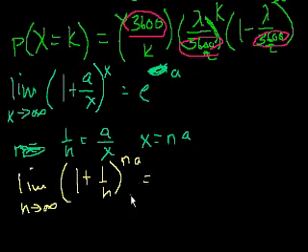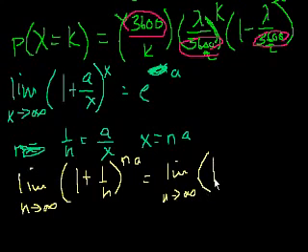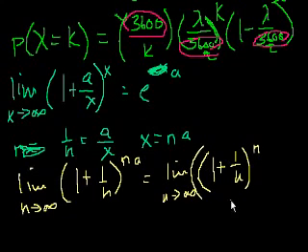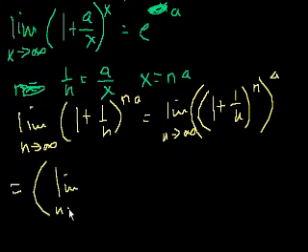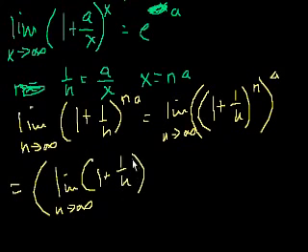And this is going to be the same thing as the limit as n approaches infinity of (1 + 1/n)^n, all of that to the a. Since there's no n out here, we can take the limit of this and then take that to the a power.